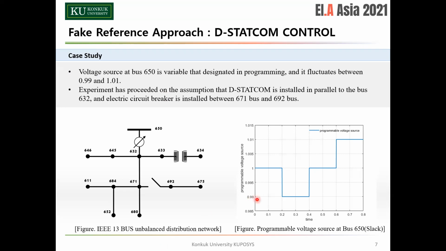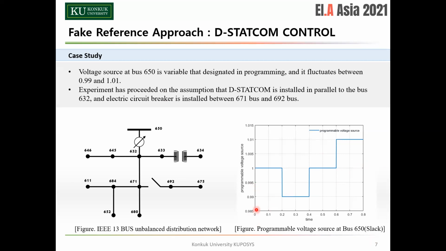The transformer is connected between buses 633 and 634. Data of line impedance and system information are referenced from the IEEE 13 bus system. The voltage source at bus 650 is variable, designated in programming, and it fluctuates between 0.99 and 1.01 as shown in this figure.